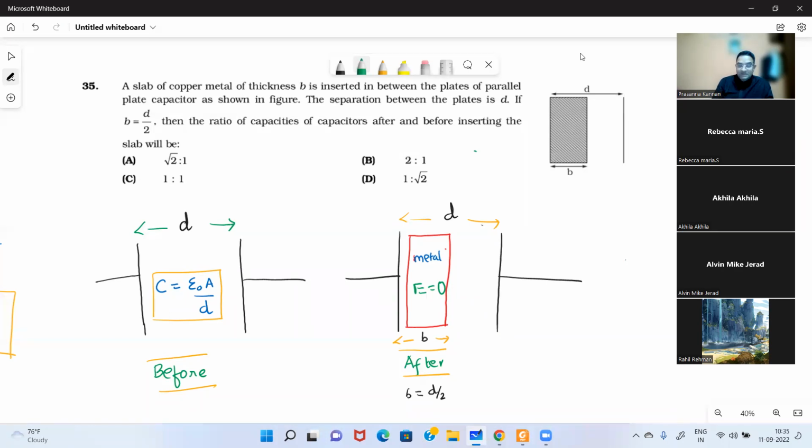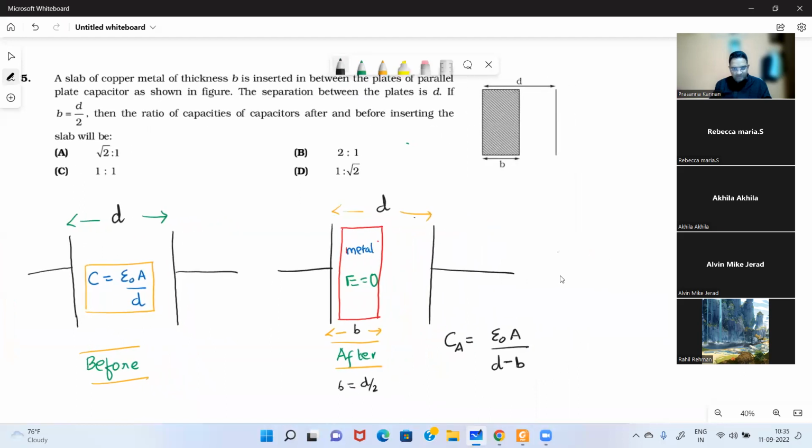Now, the capacitor is going to be active only in the remaining region. What is the remaining region? D minus B. Therefore, what is going to be the new capacitance this time? After insertion, the capacitance is going to be epsilon naught A divided by D minus B. Do you remember seeing this formula? For metals, I had given you this formula.